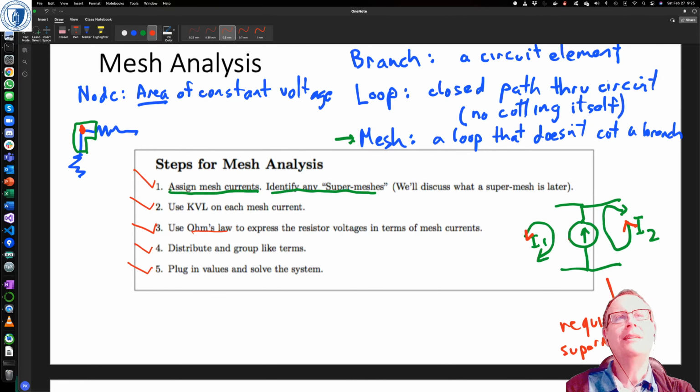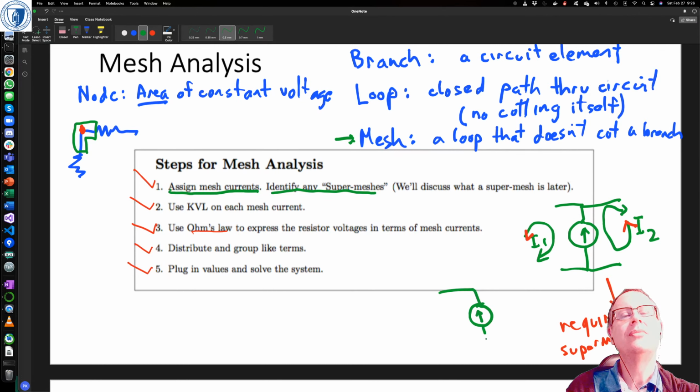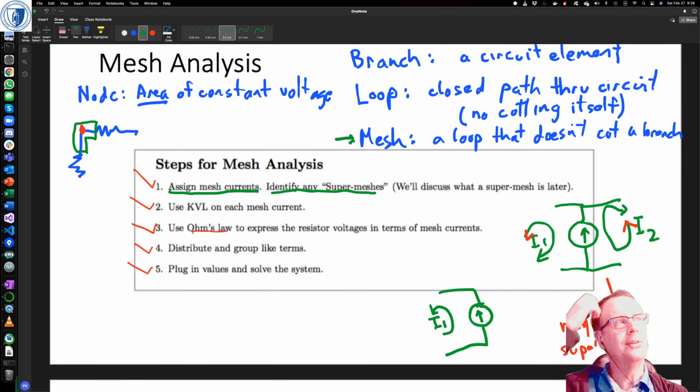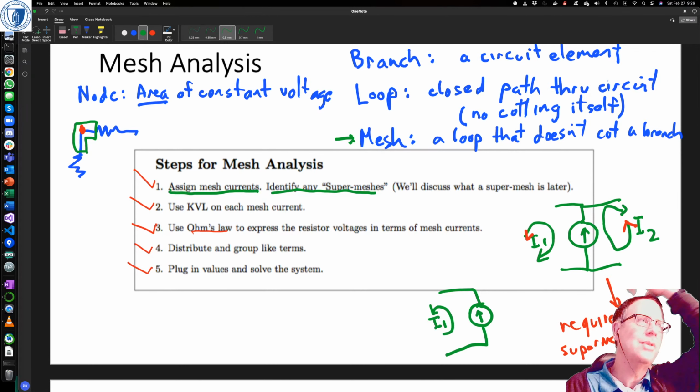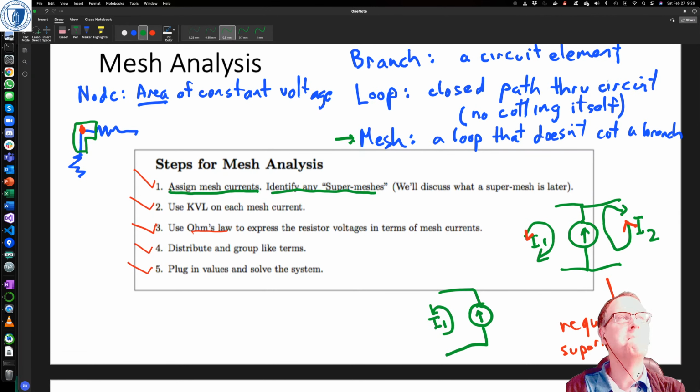Okay, and that's when a super mesh happens. But the other piece to remember when you're looking at current sources and mesh analysis is if only one mesh current flows through the source, then it's a freebie, because the only current flowing through that source is I1.